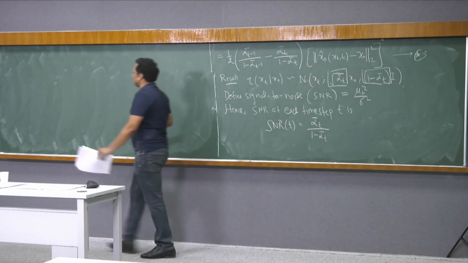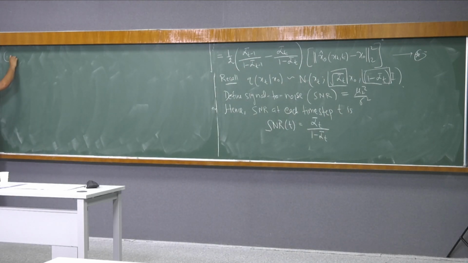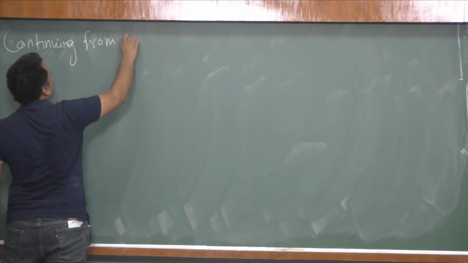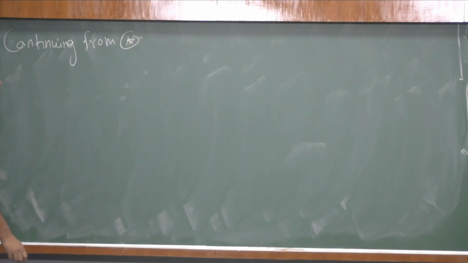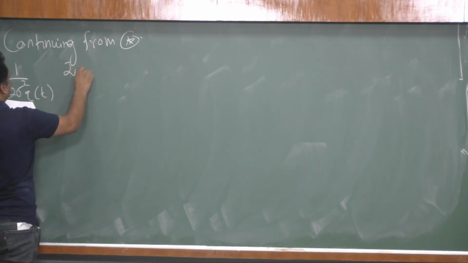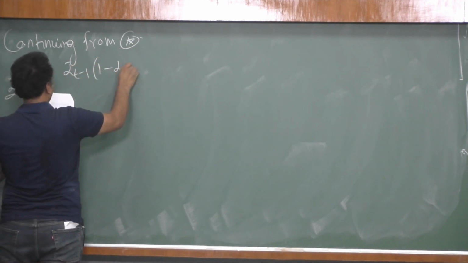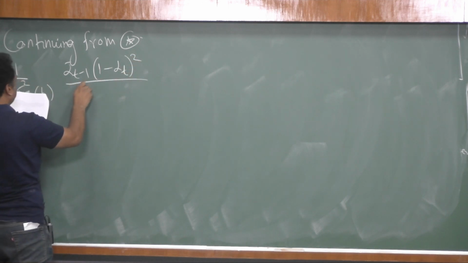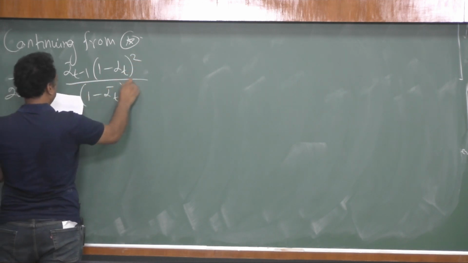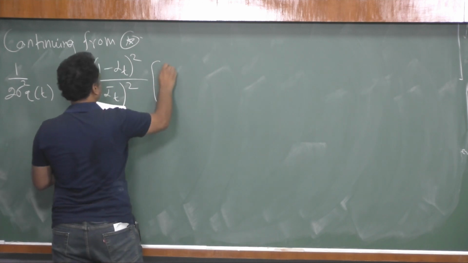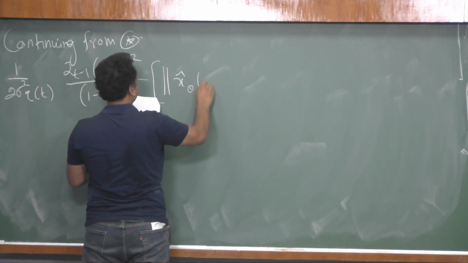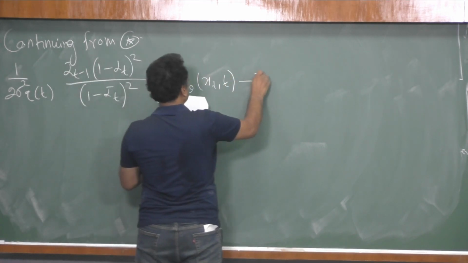So continuing from star, we write the initial terms as 1 over 2 sigma square q t, alpha bar t minus 1 minus alpha t squared divided by 1 minus alpha bar t squared, and this x hat theta x t minus x naught.